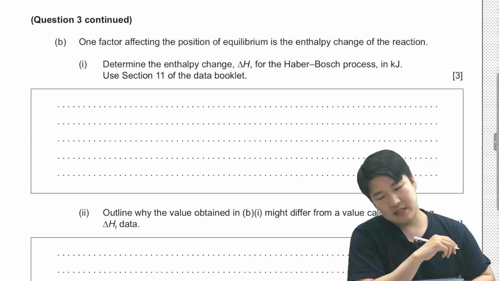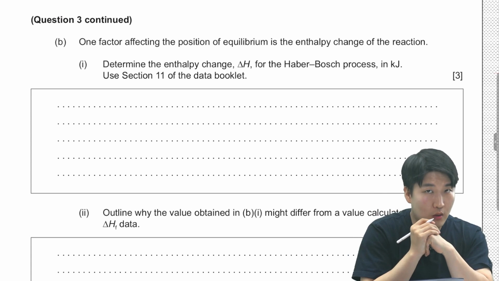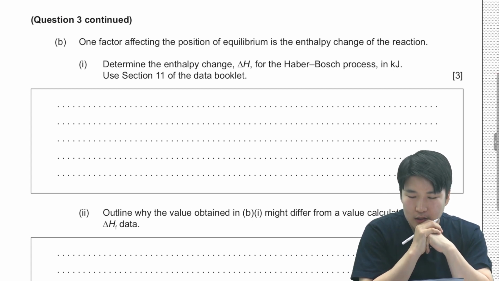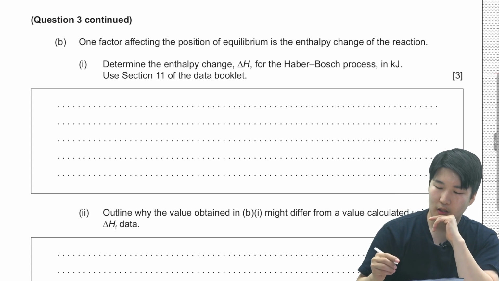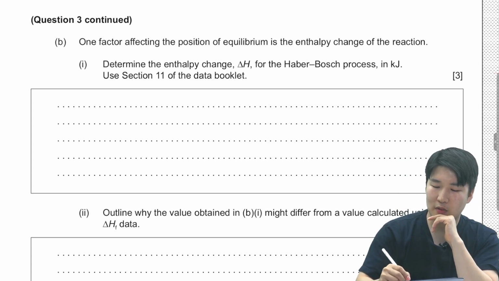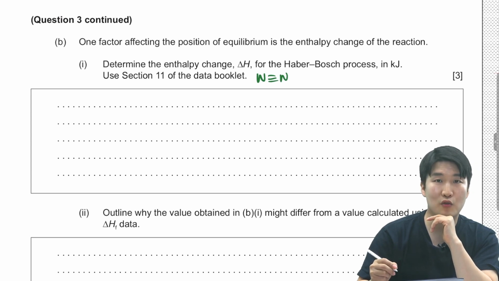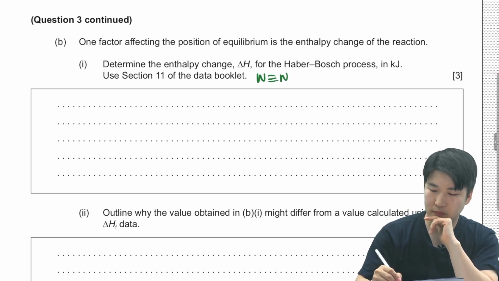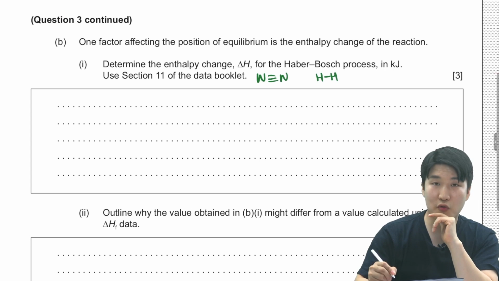Enthalpy change, yes, will affect POE as well. And we will be calculating delta H value using bond enthalpy values. To do that, let's bear in mind how we will need to break nitrogen triple bond, hydrogen single bonds, but 3 of them.